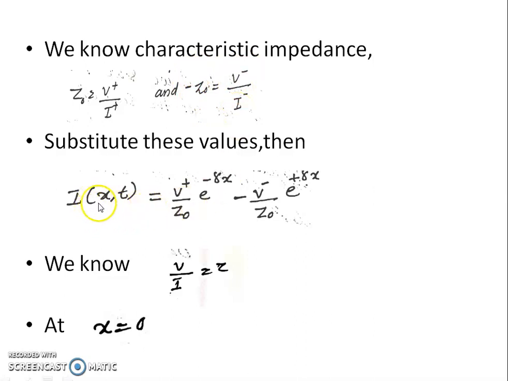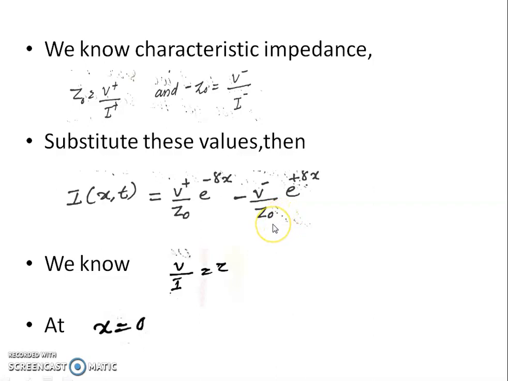So the equation is I of x is equal to V plus divided by Z0 into e raised to minus gamma x minus V minus divided by Z0 e raised to plus gamma x.